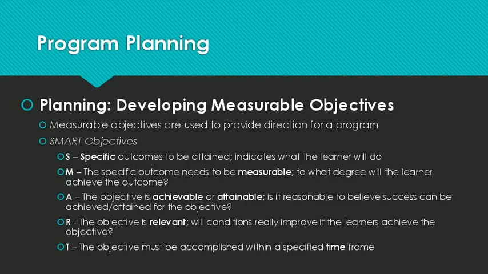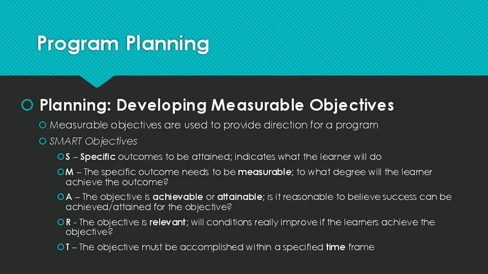The R stands for relevant, so asking ourselves if conditions will really improve if the learners achieve the objective. Is what they're learning really relevant to the specific individuals? And then T is that the objective must be accomplished within a specified time frame.